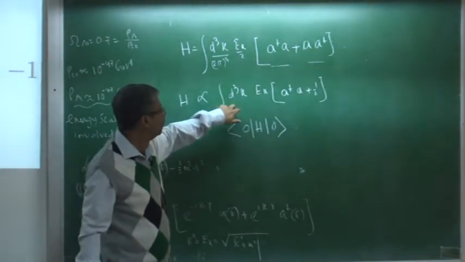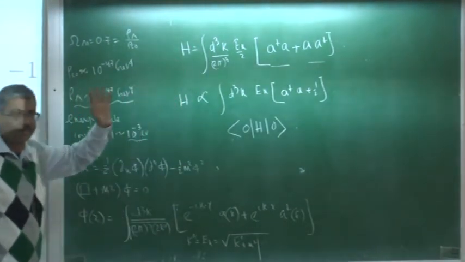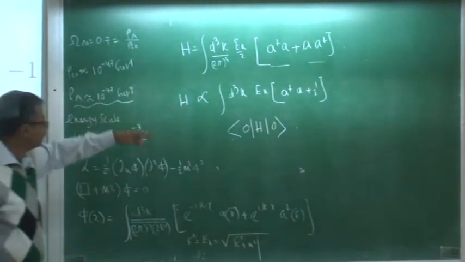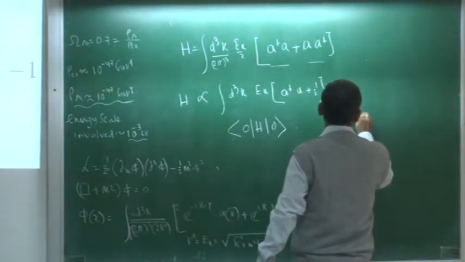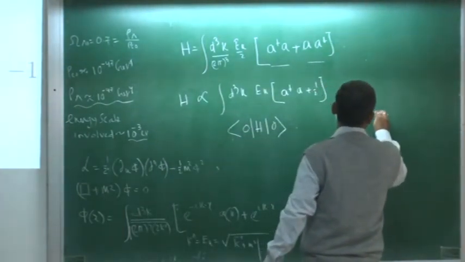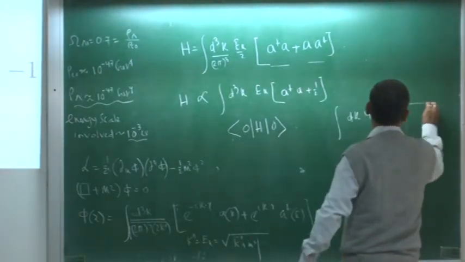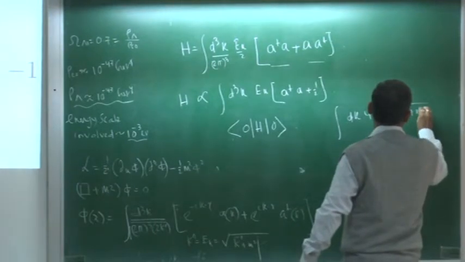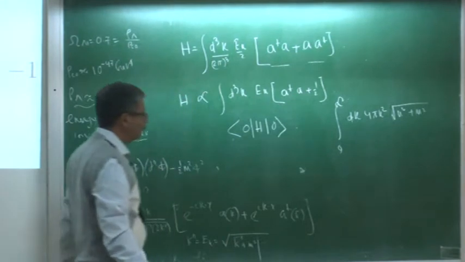I have to integrate this, and remember, I have to integrate over all the k's, right? From k zero to k infinity. So that integral is basically nothing but dk 4 pi k square e_k, where e_k is basically k square plus m square under root, and I have to integrate this to infinity, for all the k.